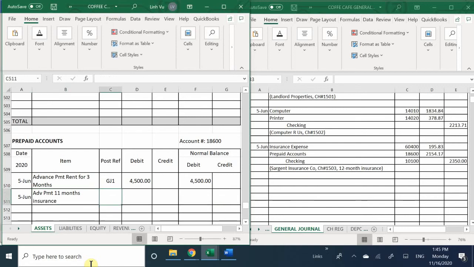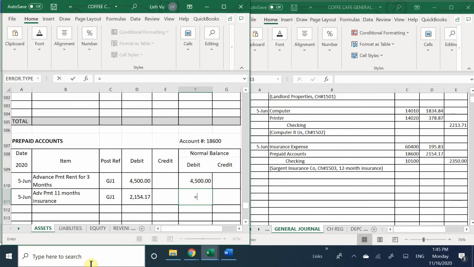Okay. General Journal number 1, and it's for 2,154.17. Okay. So did you guys remember how to create the formula? See here.